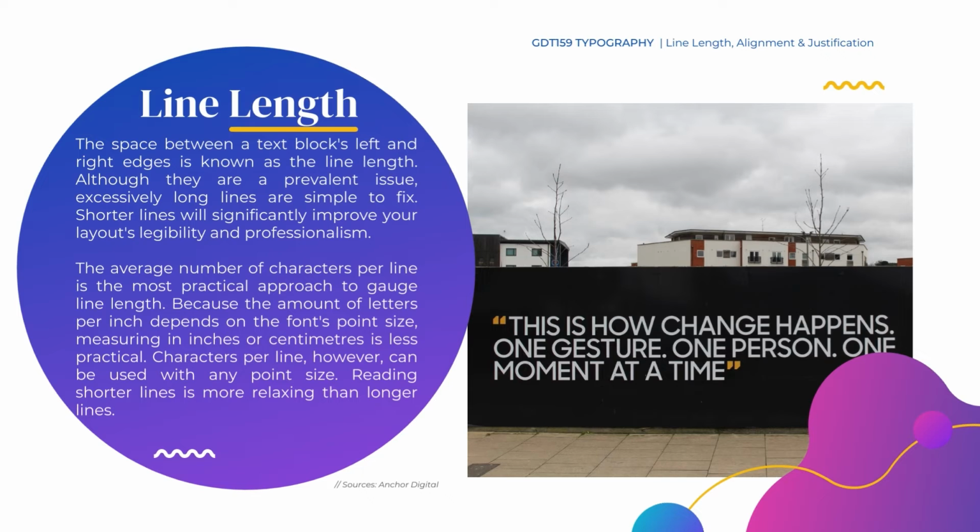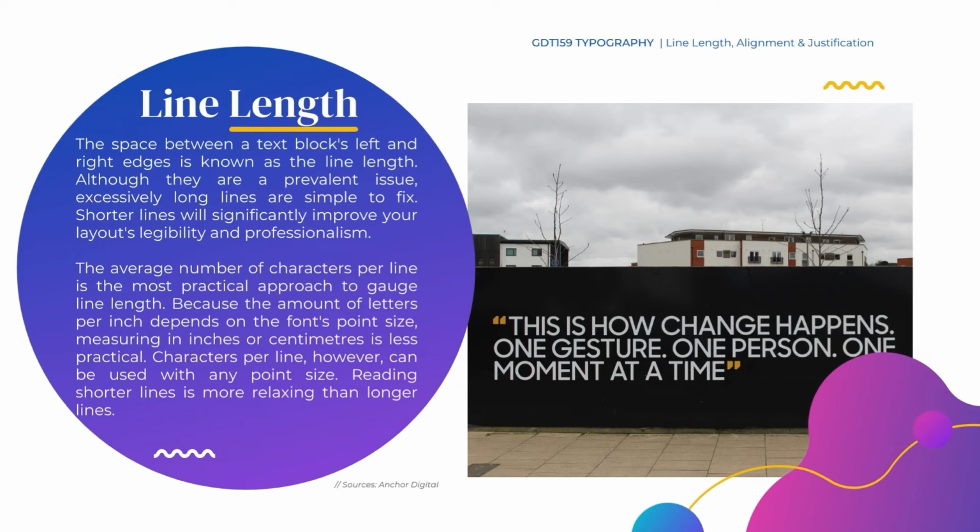The average number of characters per line is the most practical approach to gauge line length. Because the number of letters per inch depends on the font point size, measuring in inches or centimeters is less practical. Characters per line, however, can be used with any point size.